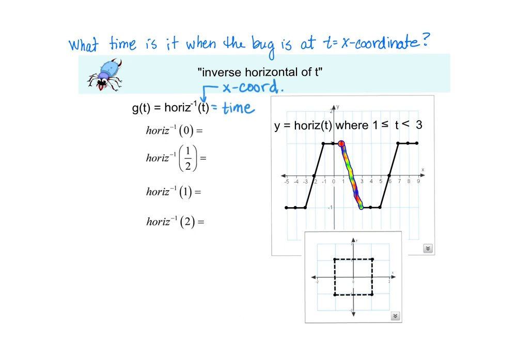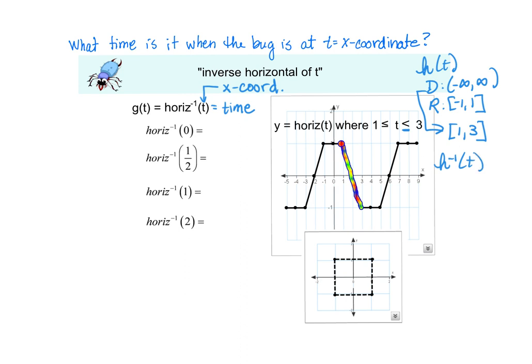So if you think about it, we have h of t, our domain was all real numbers. Our range went from -1 to 1. So that it would have an inverse, we restricted the domain to be between 1 and 3, and this should say less than or equal to there. So when we find our inverse domain and range, it flips.